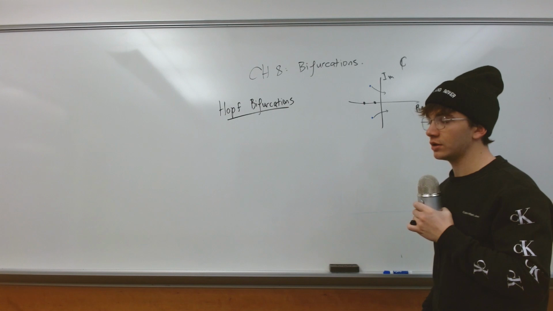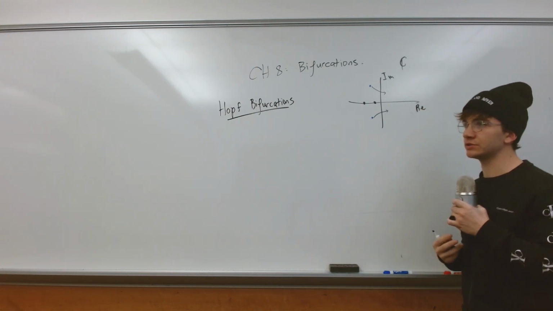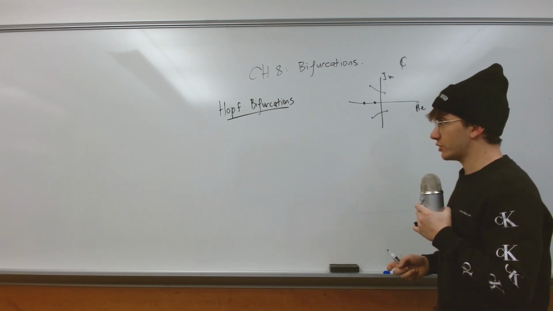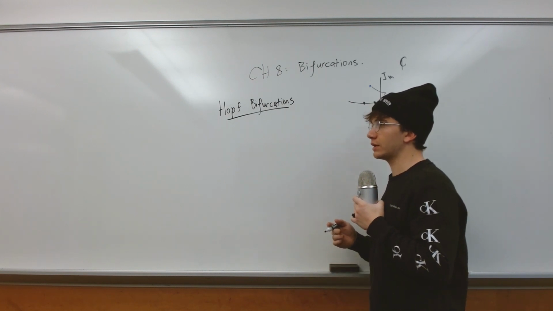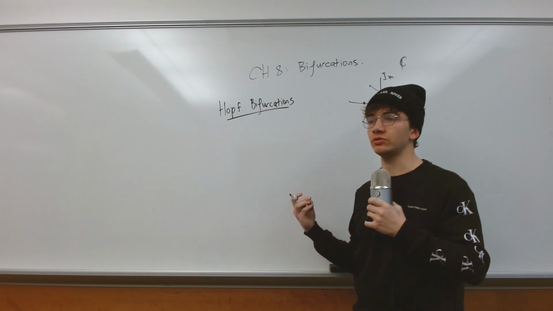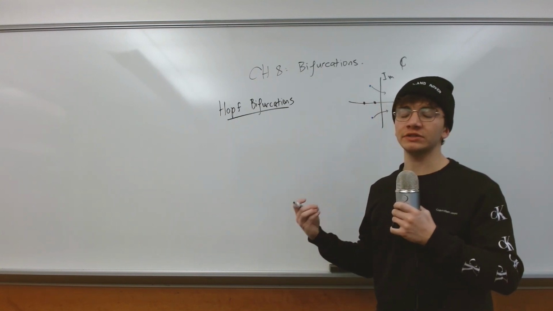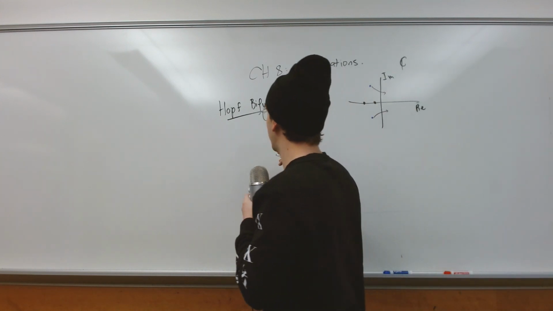But something interesting happens around the fixed point. In this process of changing from a stable to an unstable spiral, a limit cycle can be born from the system. This is what we call a Hopf bifurcation.